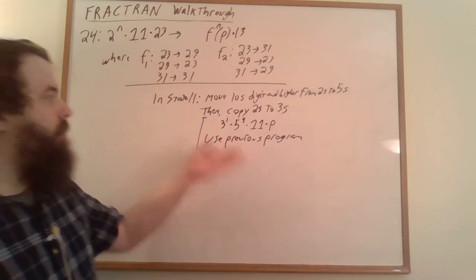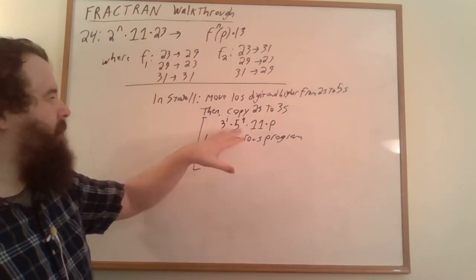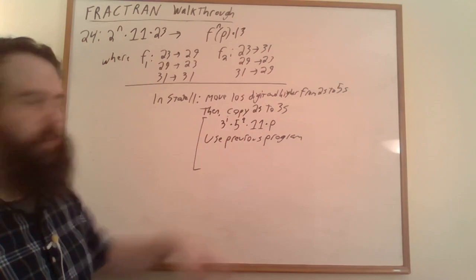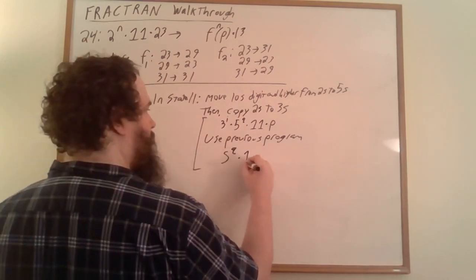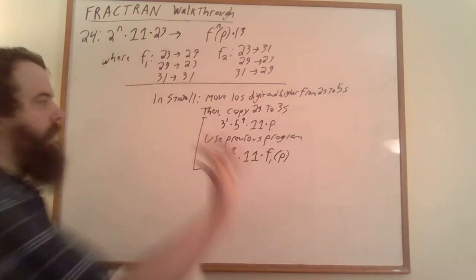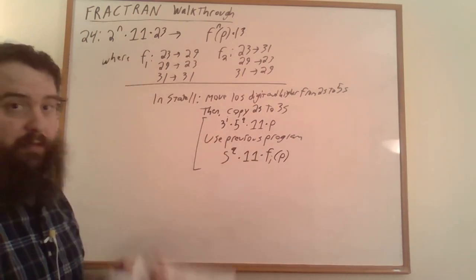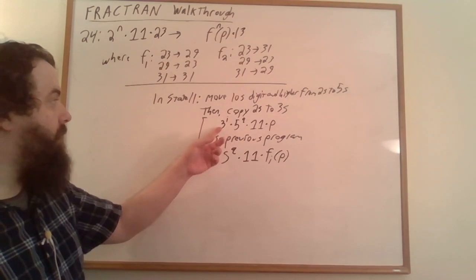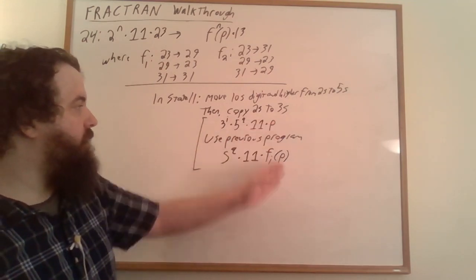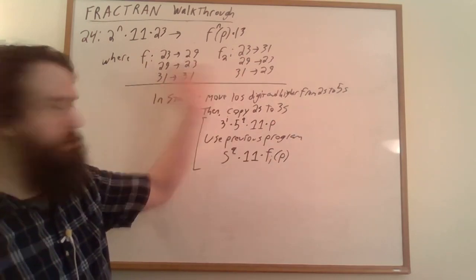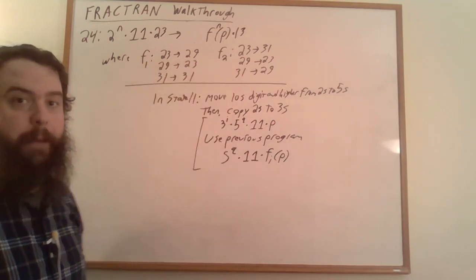And then we'll use our previous program. Our previous program doesn't care about fives, they'll just pass through, and that will take us to 5 to the Q times 11 times f sub I of P. It will get rid of the value in the threes place, and then change the prime based on which function we needed to change the prime by.